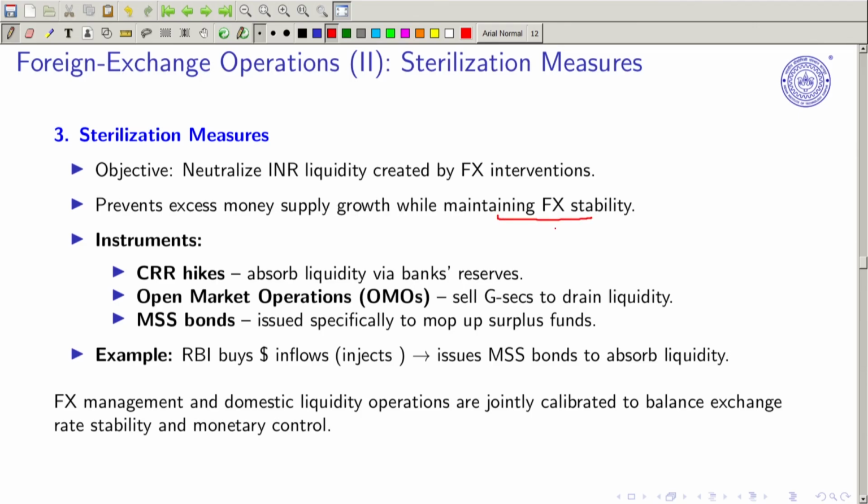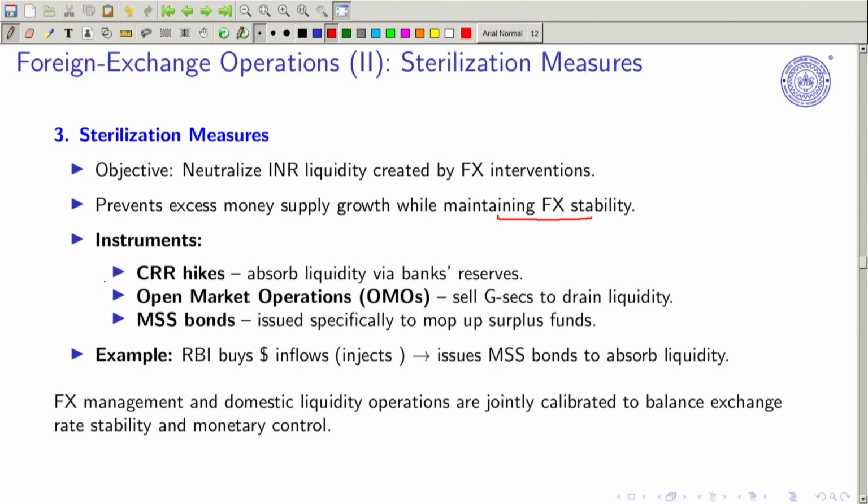But what measure can we take so that, without harming anything in the system, repo rate, reverse repo rate, nothing, we are able to sterilize the whole excess amount from the banking system? This is what sterilization means. It prevents excess money supply growth while maintaining foreign exchange stability.